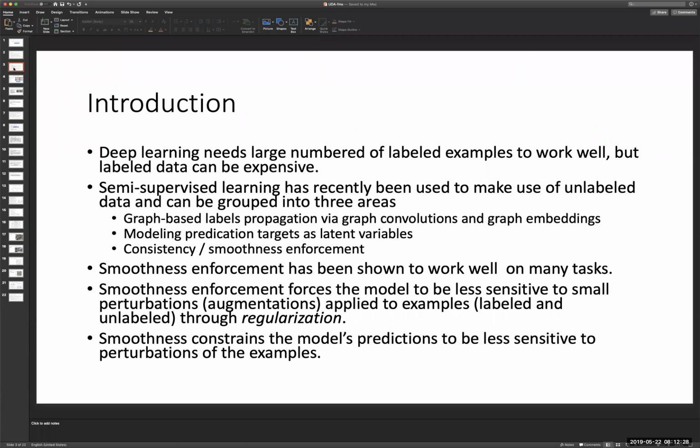And the examples that it applies to are both the labeled and the unlabeled examples. And again, the smoothness constrains the model's predictions to be less sensitive to perturbations of the examples. So the perturbations can be at the very front, or they can be within the model itself.